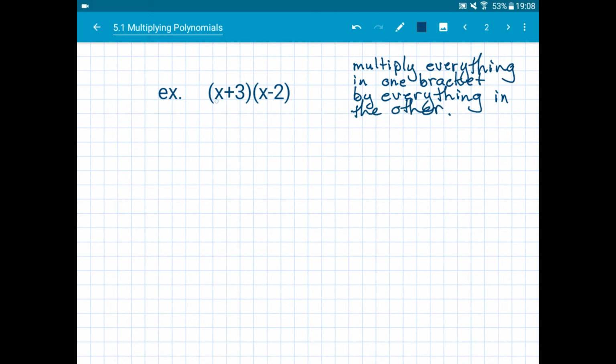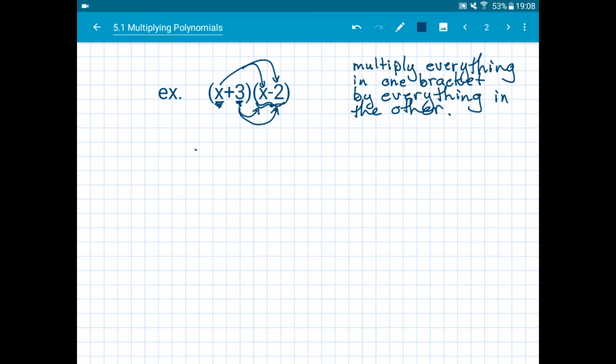So in this case, we have x plus 3 and x minus 2. So we have x's and x minus 2s. Then we have 3 x's and 3 minus 2s.